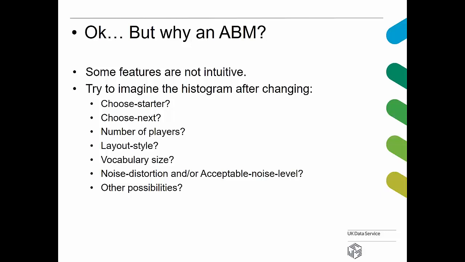What about if we have all the rules stay the same but there's twice as many players? How about if the vocabulary size changes, or we do or don't apply noise distortion? If we take noise distortion away, every single game will win full prizes, but what does that mean for the color distribution? It's just not clear. It's just not intuitive about what that's going to do.